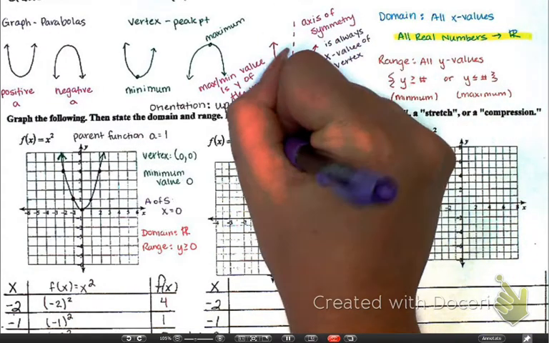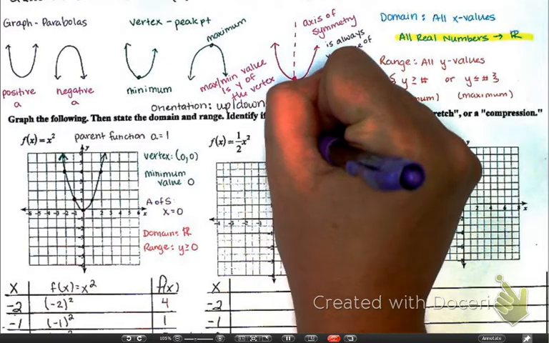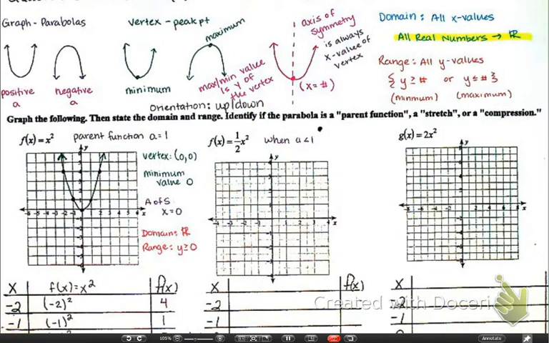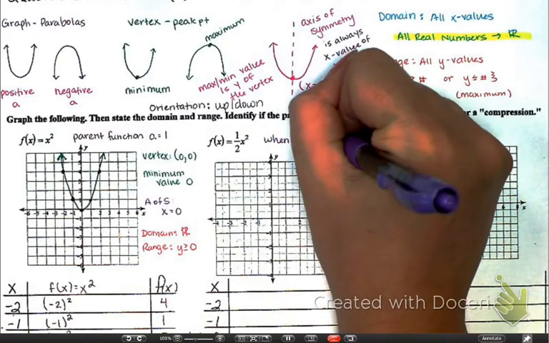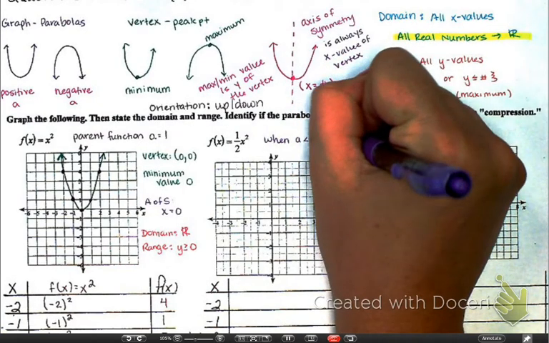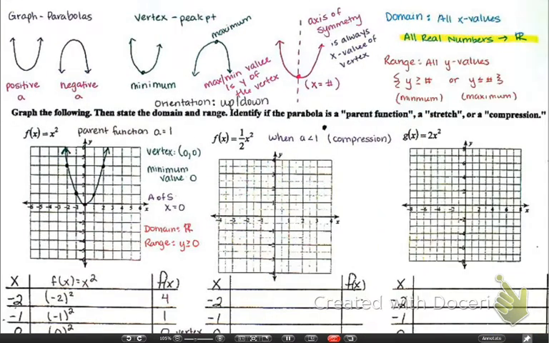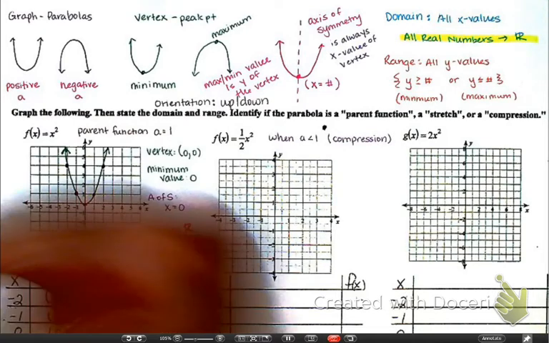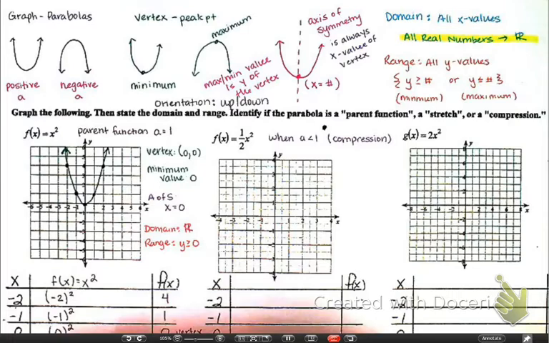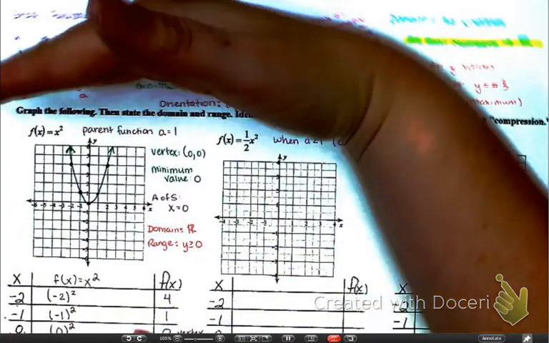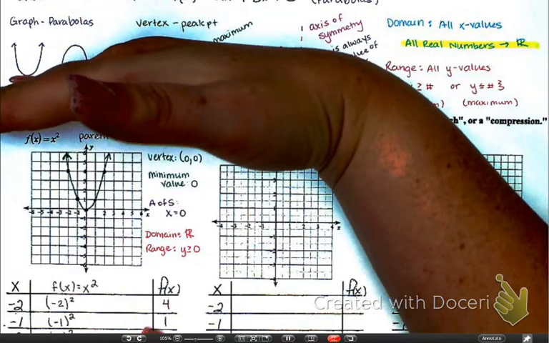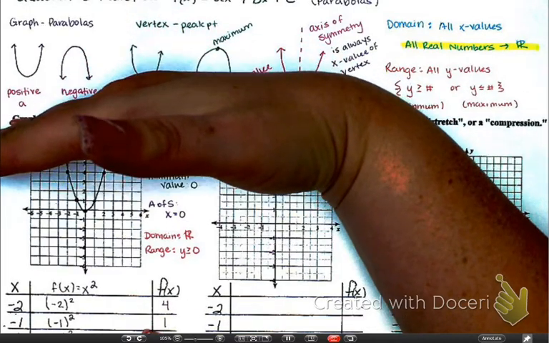So, when a is less than 1, we are going to have a compression. So let's think about what that's going to look like. If a is less than 1, and in this case it is, we're going to have a compression. If I take my graph and I press down on it, what's going to happen?